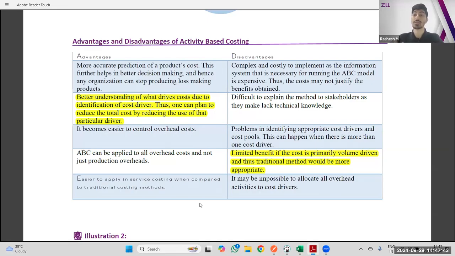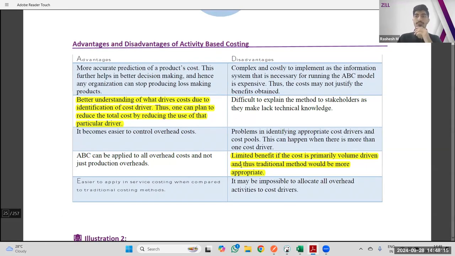What do I mean? Say, for example, I have 3 trucks and the number of deliveries in a month is 300. If I can get my number of deliveries down to 200, maybe then I can get my work done in 2 trucks and I can sell my third truck away. So the moment I have control over what is driving my costs, I can start reducing the cost drivers and over time reduce my overheads as well. So that's why ABC is generally the most superior form of costing. Make sense, guys?